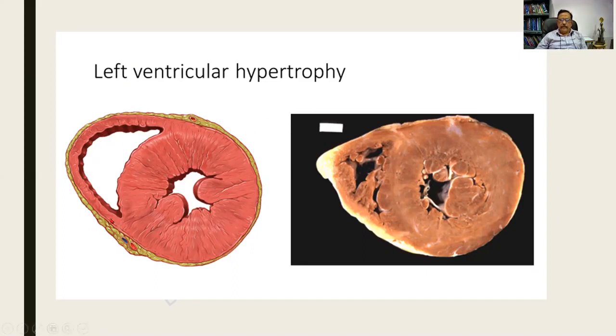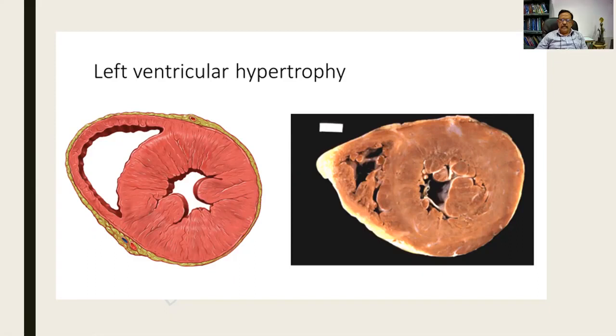The right ventricle has got a thinner wall, whereas the left ventricle I find is uniformly thickened. The walls, anterior wall, posterior wall, as well as the interventricular septum and the lateral wall are all uniformly thickened, and the lumen is correspondingly narrowed.